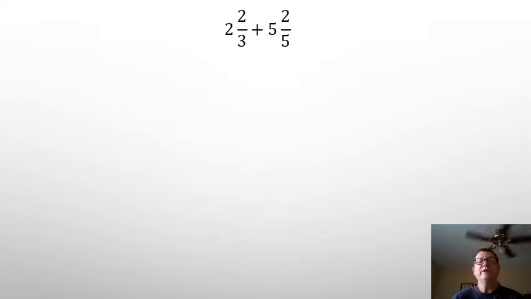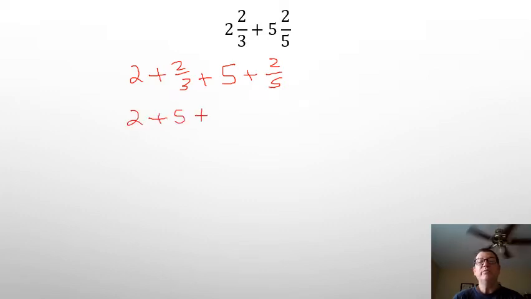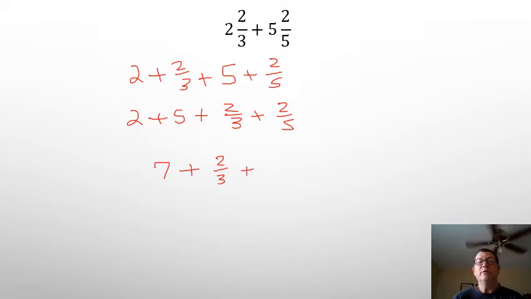Okay, let's rewrite this one: 2 plus 2/3 plus 5 plus 2/5. Rewrite it in accordance with the commutative property, grouping your whole numbers and your fractions. We get 2 plus 5 plus 2/3 plus 2/5, which gives us 7 plus 2/3 plus 2/5. Now our thirds, I'm going to do it over here, you can see it.